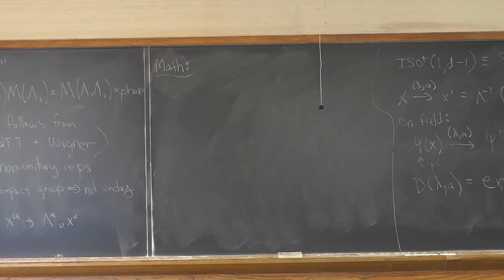Lambda transpose eta lambda equals eta. Yes. It's not the same as lambda transpose lambda equals 1. If we were doing the compact orthogonal group, then there would be unitary finite dimensional representations, like the usual representations of the rotation group labeled by L and M, which are unitary finite dimensional reps.